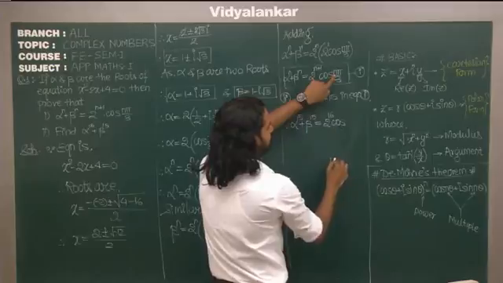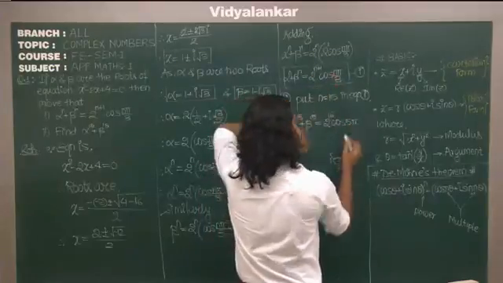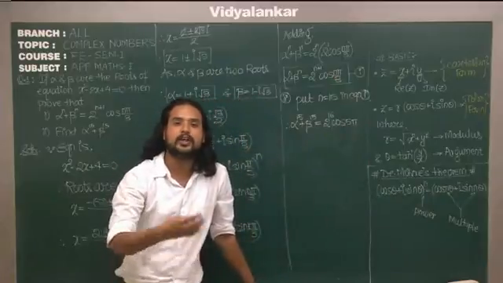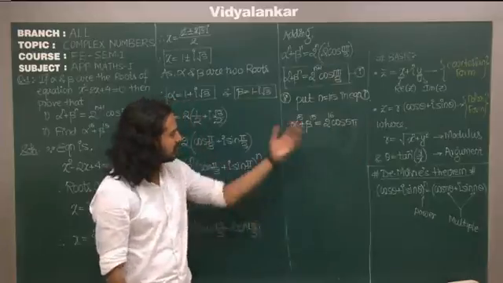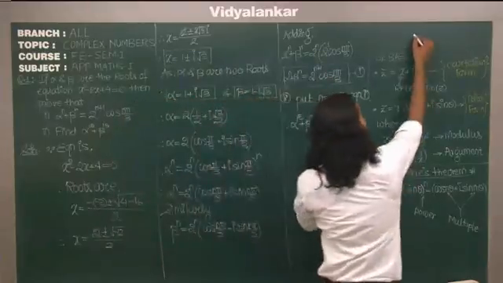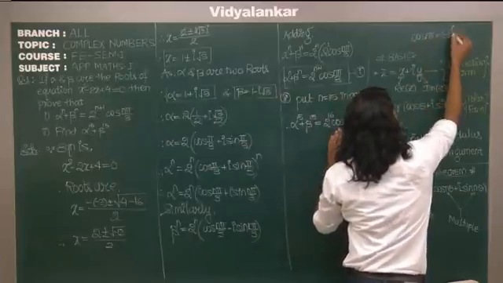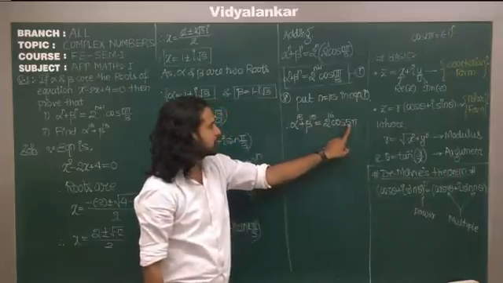put 15 over here, 15 into pi by 3, 3 5s of 15 is cos 5 pi. What is cos 5 pi? Now for this you don't have to look into the table or anything. This is what engineering is all about. There is a direct formula for it. If you ever get cos n pi, its answer is minus 1 raised to n. Cos any number into pi. So here it is going to be cos 5 pi.